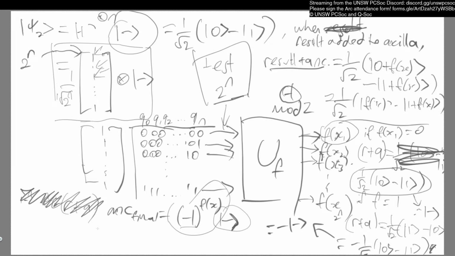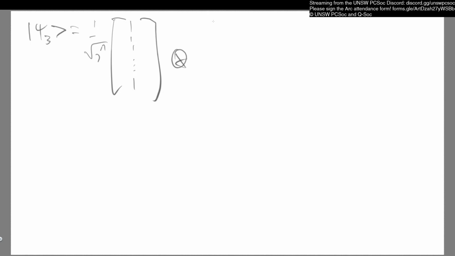It's because you tensor product. Equals 1 over root 2 to the power of n, 111, times the ancilla, right? So what's the nature of the tensor product? It's that the second thing here, in this case the ancilla, goes into the first thing, whatever number of times, in this case 2 to the n. So each element will receive this qubit.